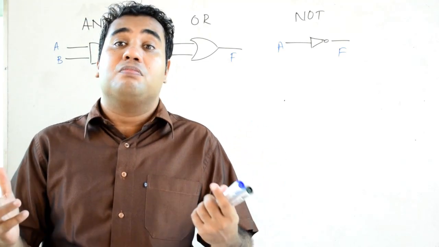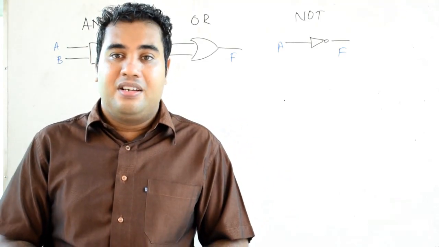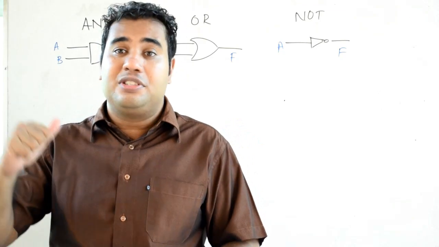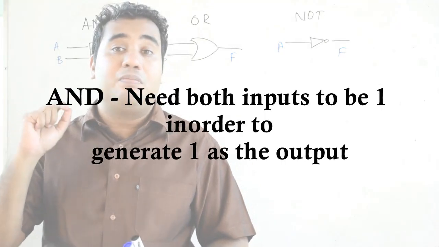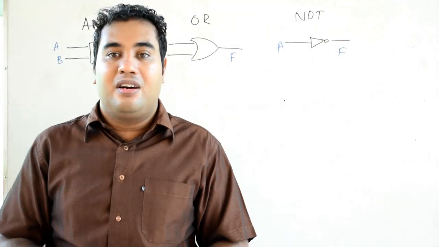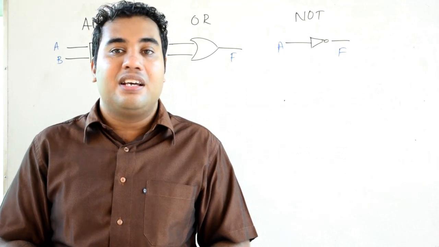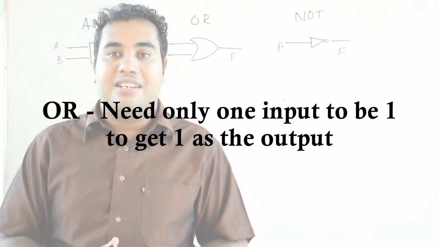If you have both, it is a good thing, but you don't need both. The same concept is used in these logic gates as well. AND means you need both the inputs to generate an output. OR, on the other hand, means you need only a single input in order to generate the output.